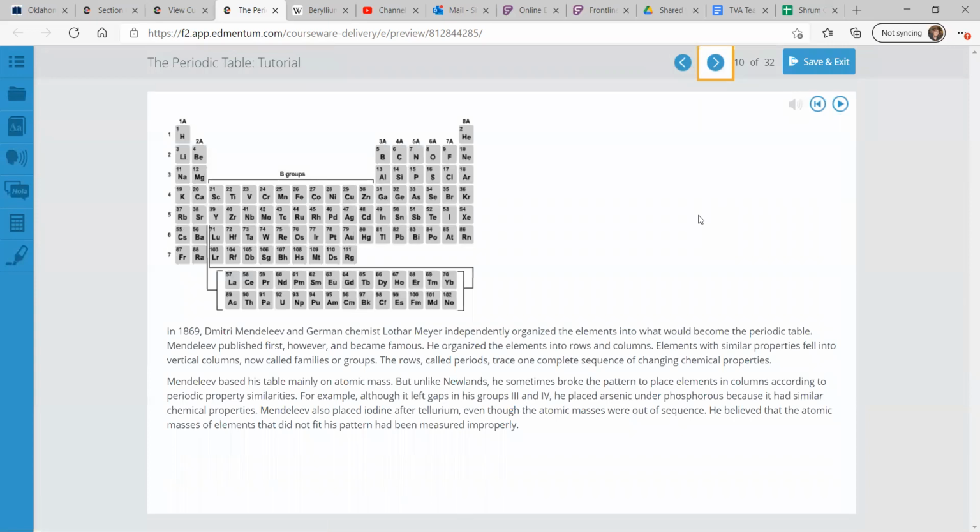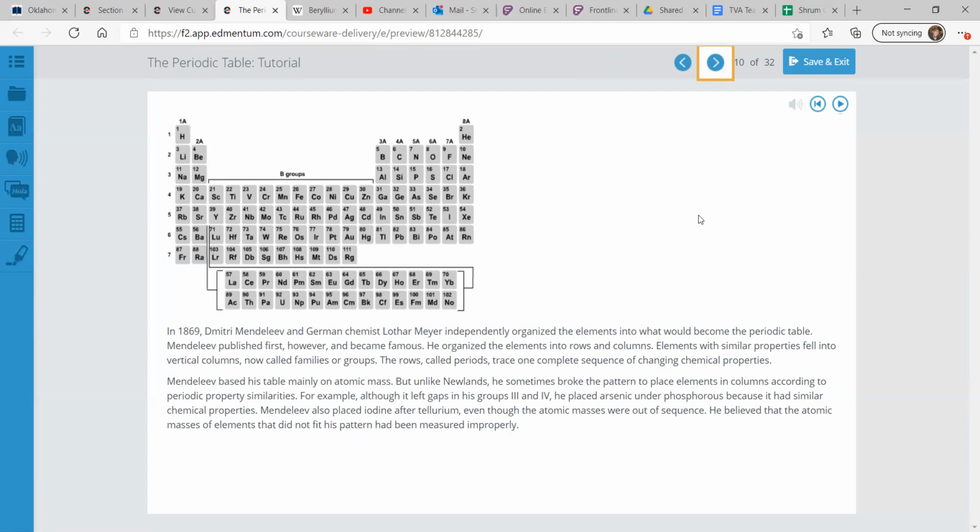And that's what we mean by periods. In 1869, Dmitri Mendeleev and German chemist Meyer independently organized the elements into what would become the periodic table.